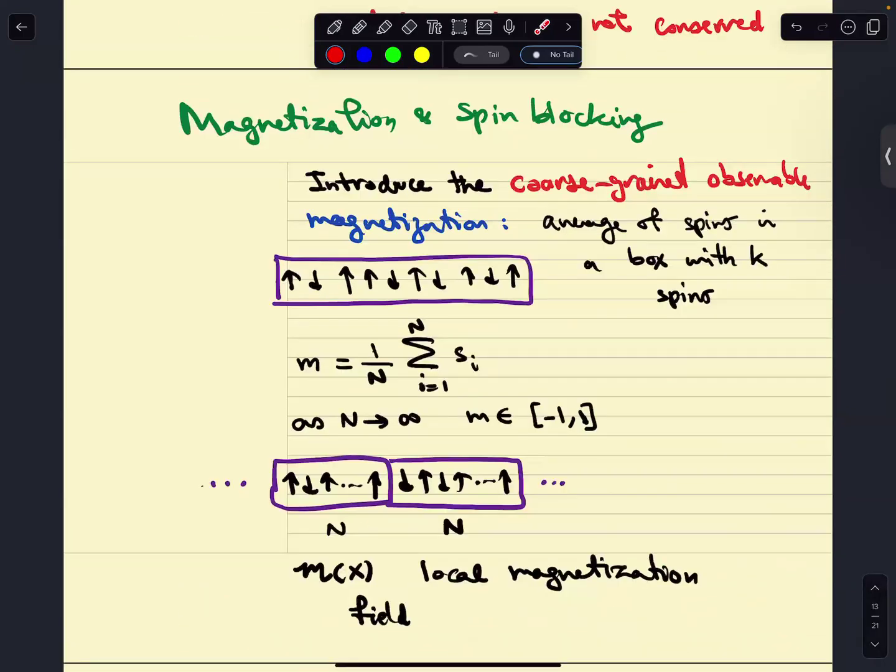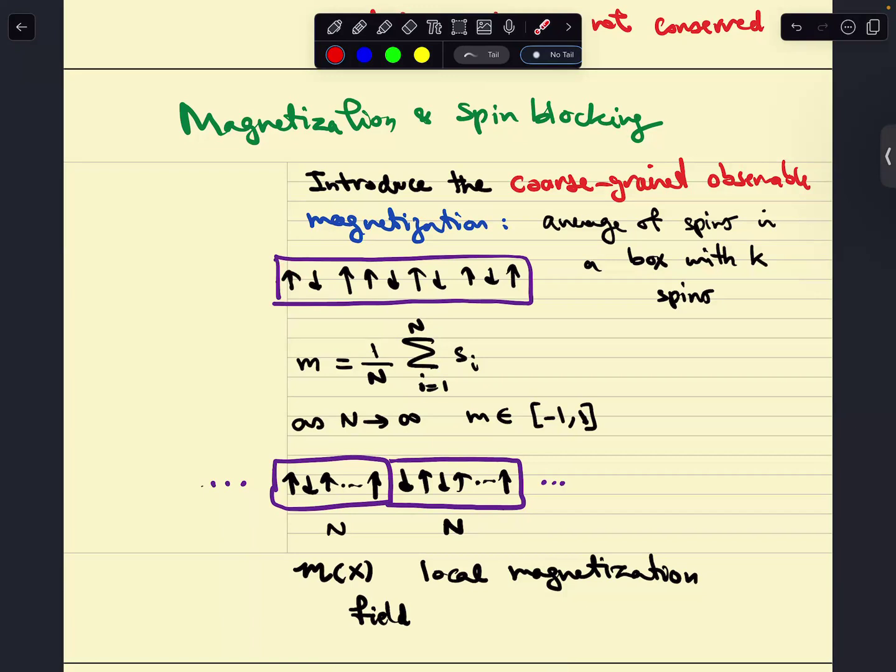All right. So to get our field theory out of this, we're going to play this game of magnetization and coarse graining. It's called spin blocking. It was introduced by Kadanoff back in the 50s or early 60s to understand the so-called renormalization group. So the idea is this. We were working with degrees of freedom that were these fundamental particles, the s_i, sitting at each site.